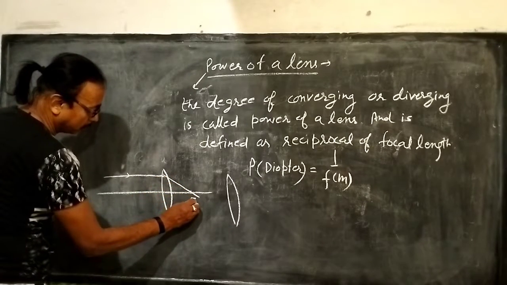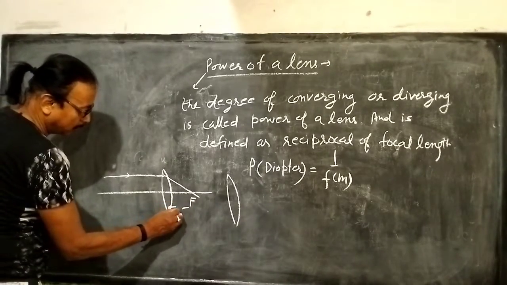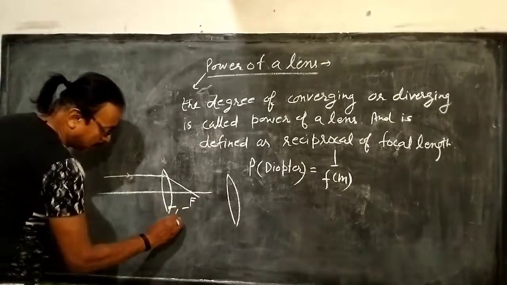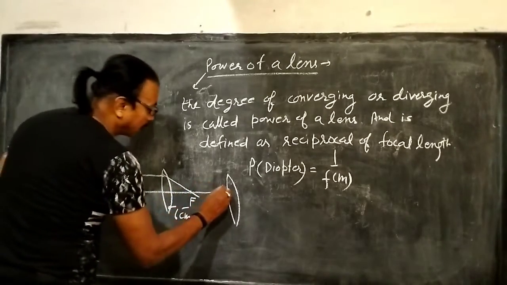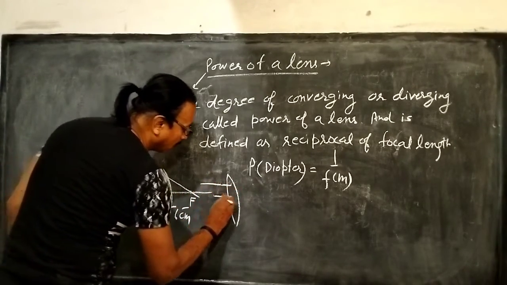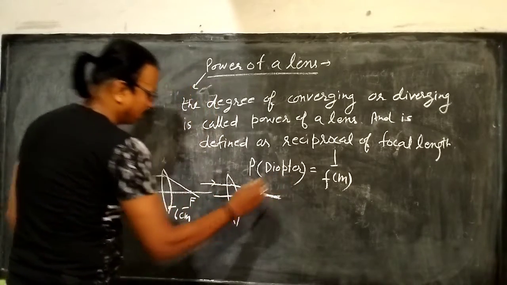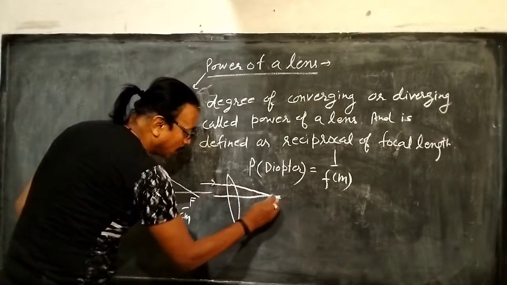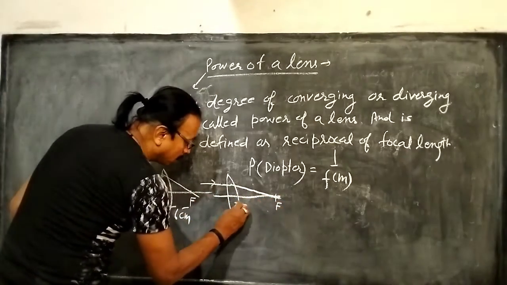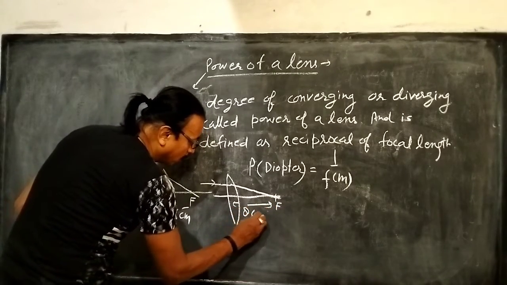This is its focus, and its focal length is suppose 6 centimeter, and another lens converges these light rays at its focus, and its focal length is 8 centimeter.